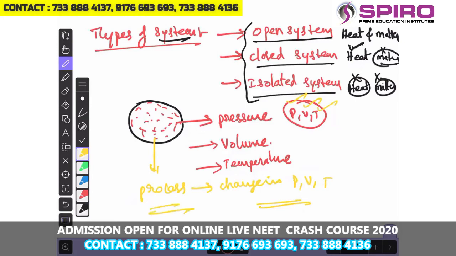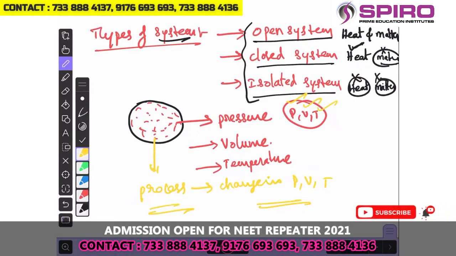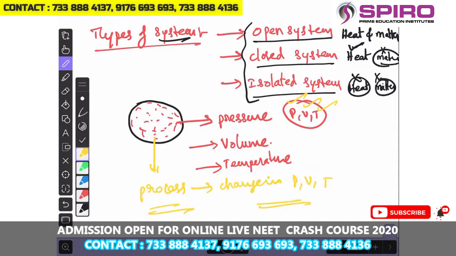Okay. Based on the type of the processes, there are so many types of the processes. There are constant pressure process, constant volume process, constant temperature process, and isolated system process. Like that, different types of the processes are there.